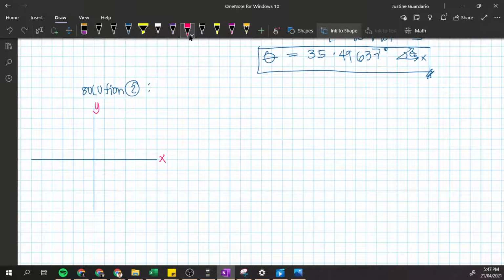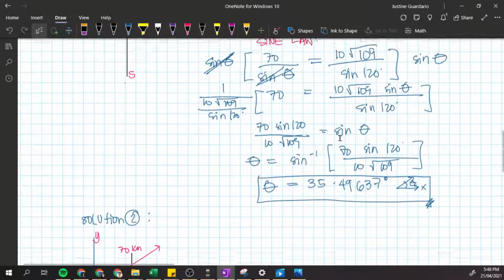Ay yung vectors natin. We have here the 50 kilonewton. Diba? Ay 50 kilometers. And we have here, okay, I have here 70 kilometer. So, basically, kung mapapansin mo, hindi siya right triangle. Katulad nung ginawa ko kanina, diba?